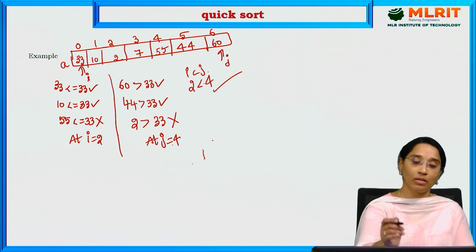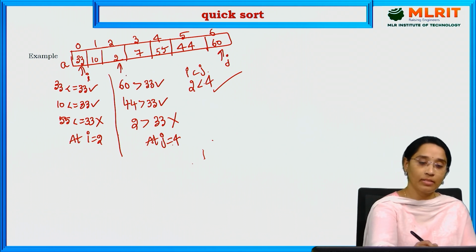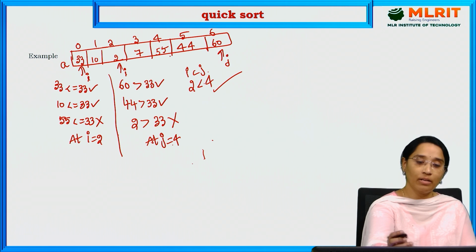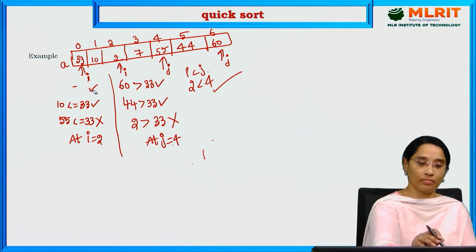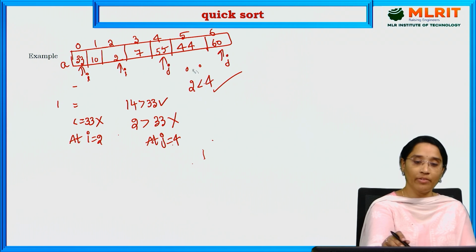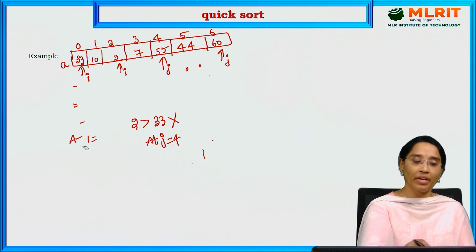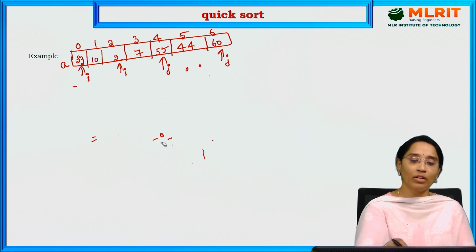So next, i is at this position and j is here. So again we will start the process from where we left. The value of i is at the second place and j is at the fourth place.